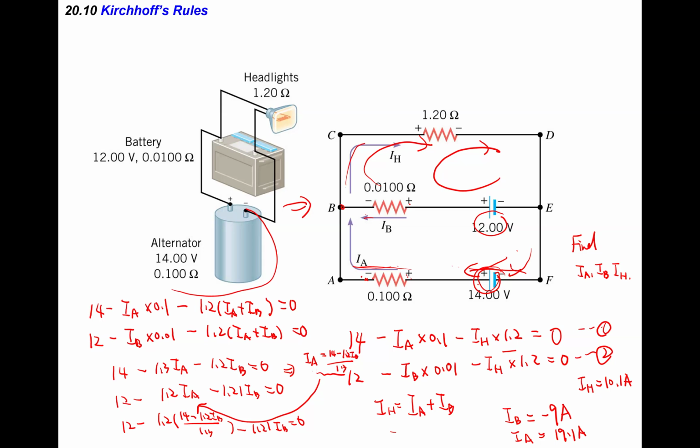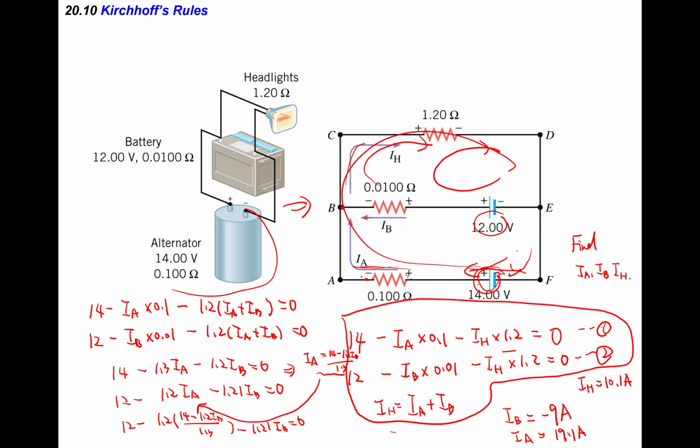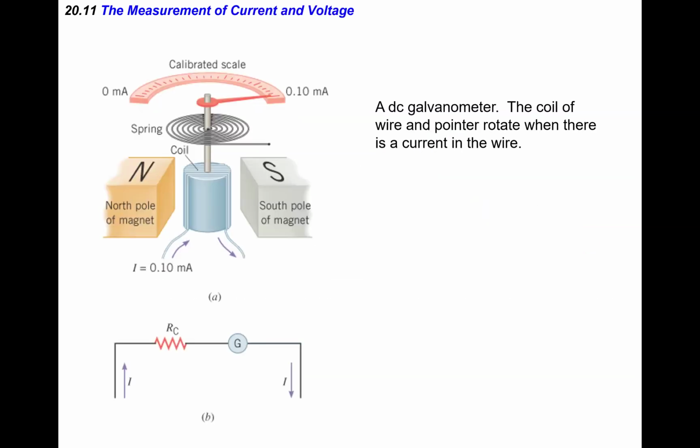But the physics here is to get the three equations right, okay? So there's a big loop here, a small loop here, and we have the junction rule. And we also have the measurement of volt and the current, which we already did in our lab.